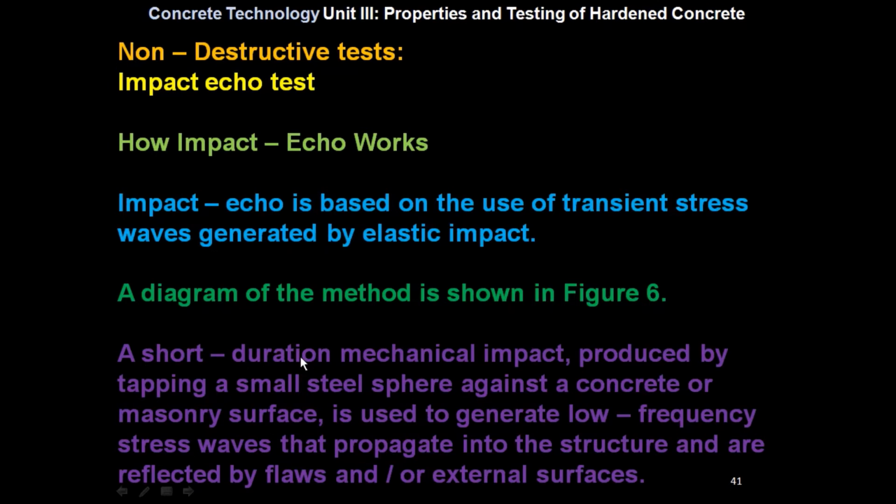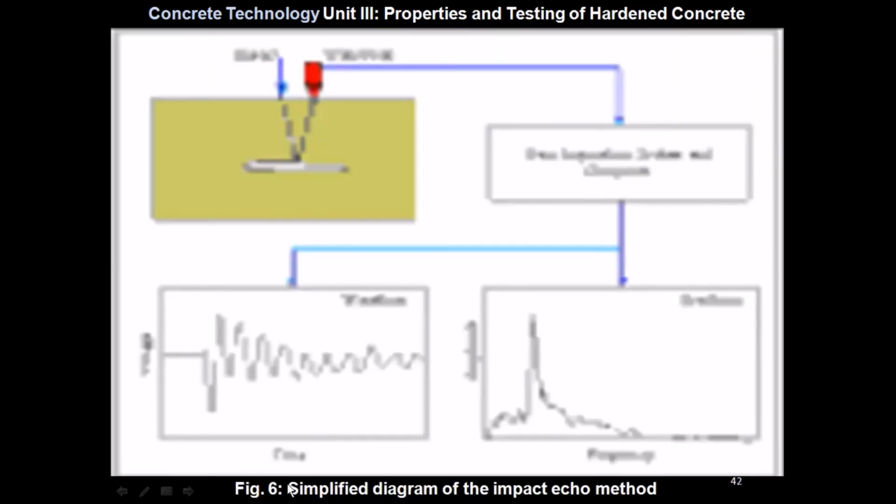A short duration mechanical impact produced by tapping a small steel sphere against a concrete or masonry structure is used to generate low frequency stress waves that propagate into the structure and are reflected by flaws and or external surfaces. So here we can see figure 6, the simplified diagram of the impact echo method.